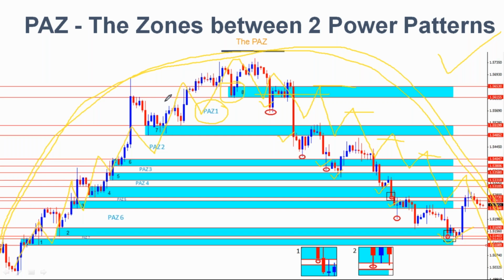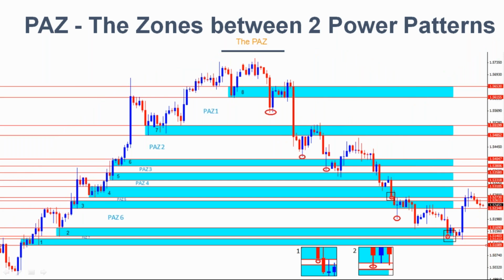FTR, nowhere it's broken, one demand FTR is broken. The moment the first demand FTR is broken, be cautious. When price comes into the first PAZ, then get ready to look for multiple supply zones, multiple supply FTRs.